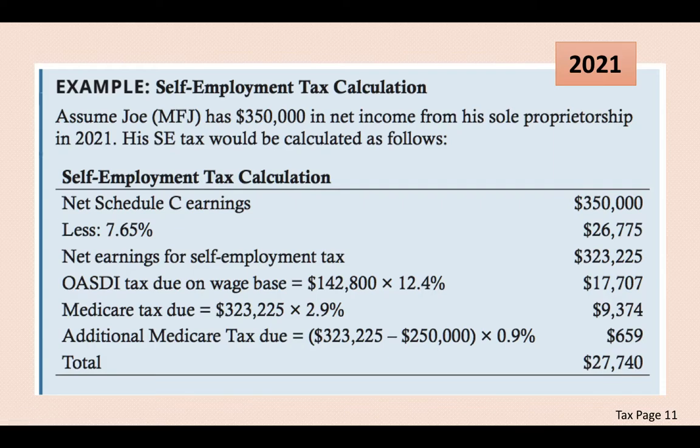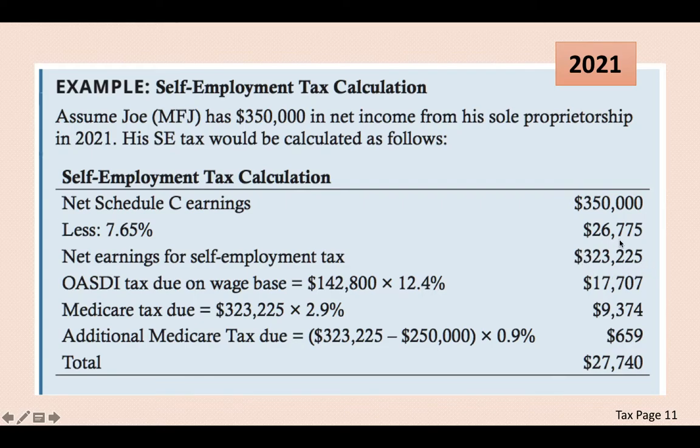I allow you to deduct 7.65% as an employer on this amount, 350. So 7.65% times 350 gives you 26,775. Then you subtract this and you get net earnings.